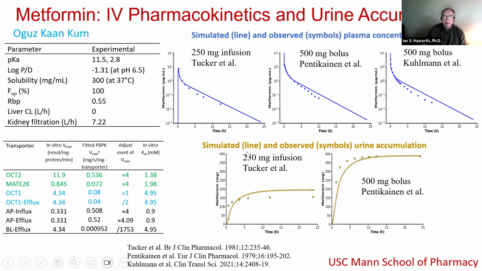As I already mentioned, it's important to also limit your model in other ways. So in 2 of these studies, they actually measured urine accumulation, and we were able to, not perfectly, but pretty well capture those data as well. So that means we're feeling good about our IV model.